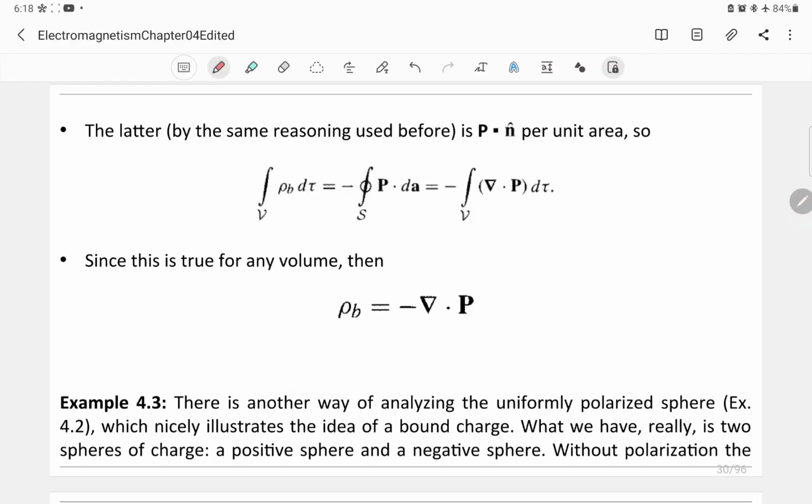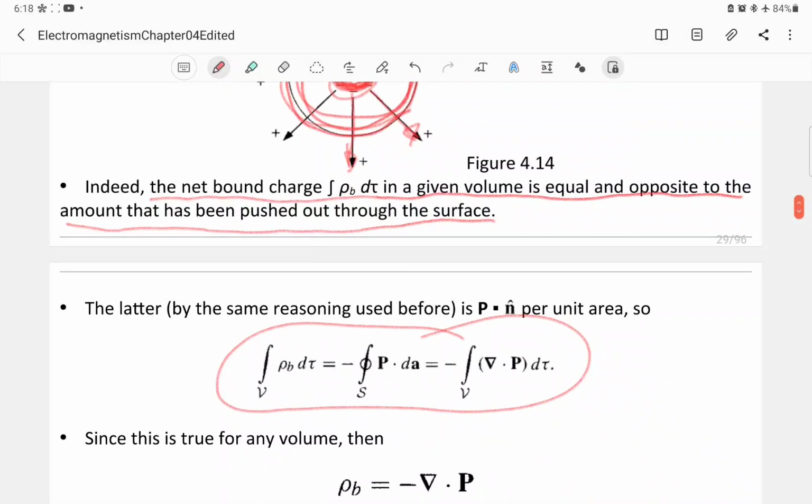The bound volume charge density would be calculated this way, by the reasoning that the net bound charge in a given volume is equal and opposite to the amount that has been pushed out through the surface.